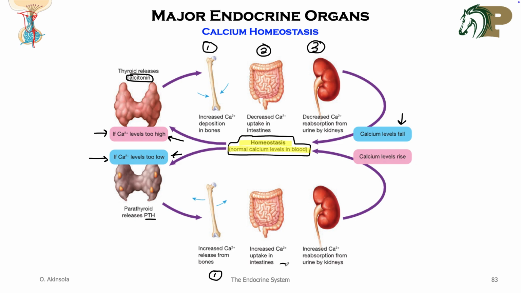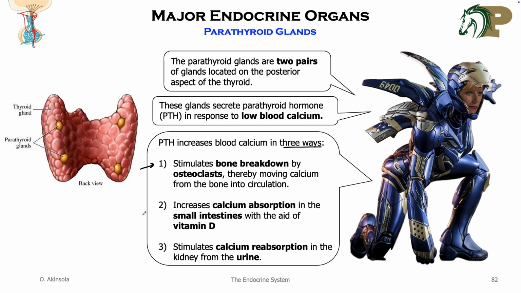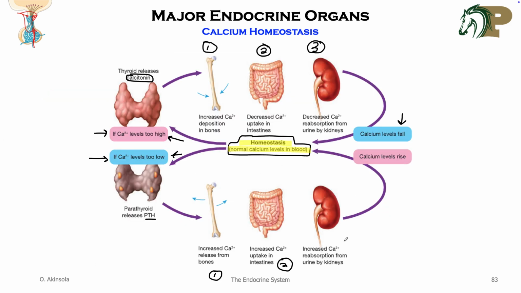Number 2 right here, increased calcium uptake in intestines, is this number 2 right here. And then this number 3 is this right here. Okay? All 3 of these things will lead to increased calcium levels and a return to homeostasis.